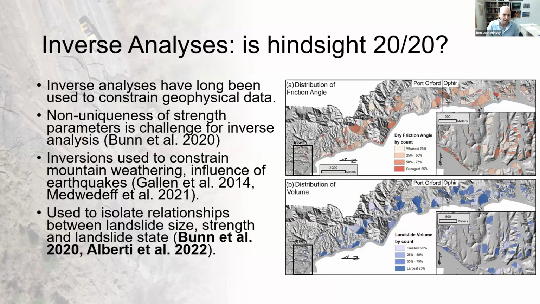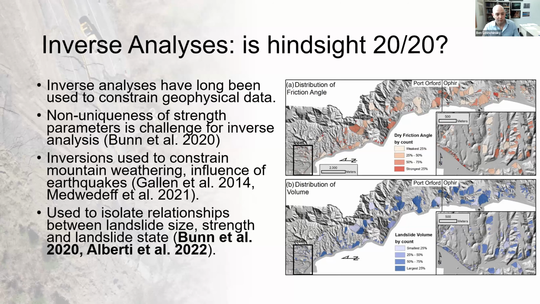We often see what's happening at the surface or near surface, and we have to think backwards about what controls these processes, or what inputs allow us to replicate what we observe in nature. One challenge of these inversions for landslides, or inverse analyses of slope stability, is that for shear strength there's an indeterminacy or non-uniqueness of the strength parameters, perhaps the simplest being cohesion and friction angle. It can be any combination.